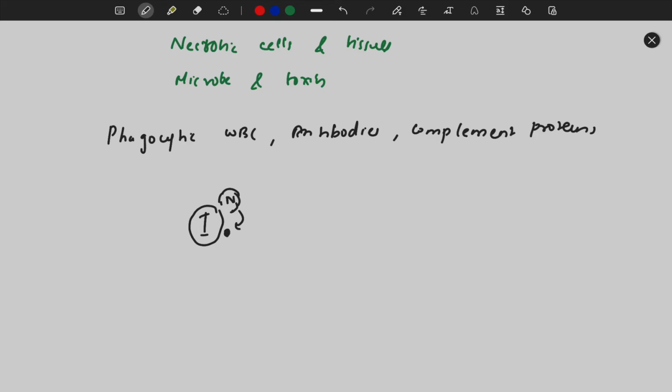Think, if there were no inflammation, infection would go unchecked, wounds would never heal, and the injured tissue might remain a permanent festering sore.